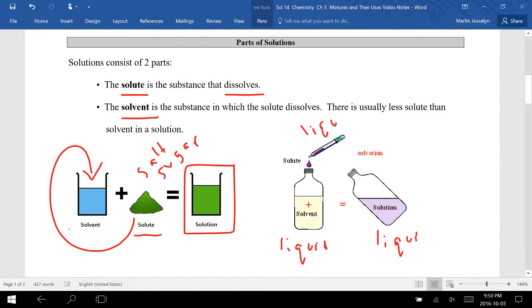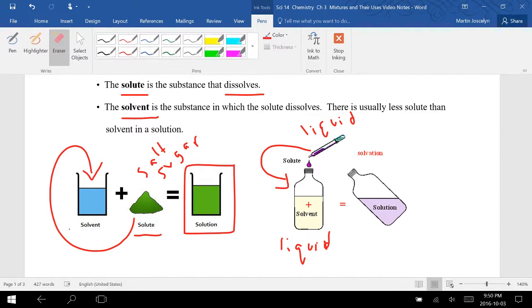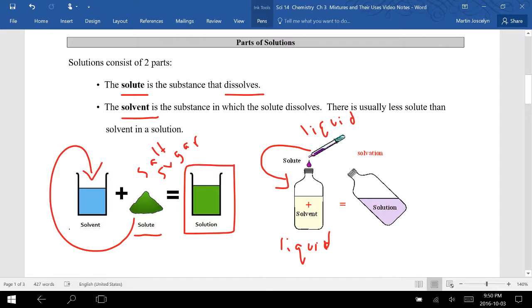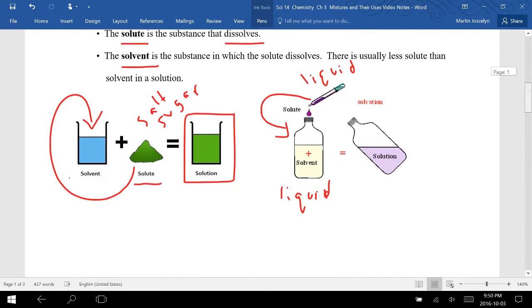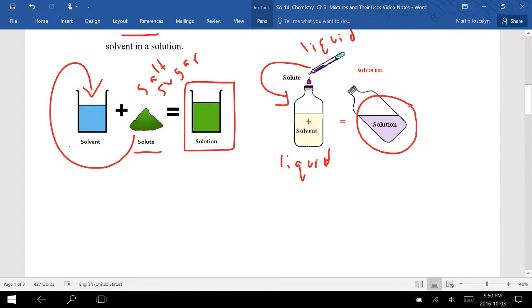So I'm going to put this liquid solute into my liquid solvent. And voila, I get a solution.